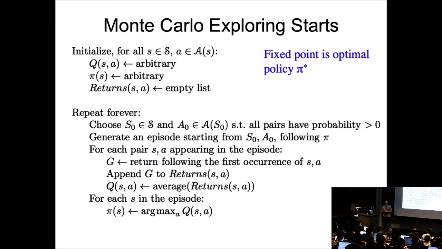Right? That's exactly what's happening here. And then for each S in the episode, you just compute the policy using argmax of the Q values. Okay? Now, you can imagine that this could be very inefficient. If you have a very large state space and a large number of actions you need to take, obviously this would be very expensive to do, right?